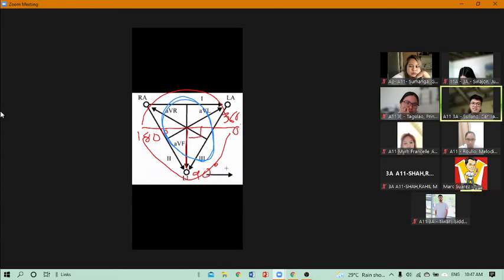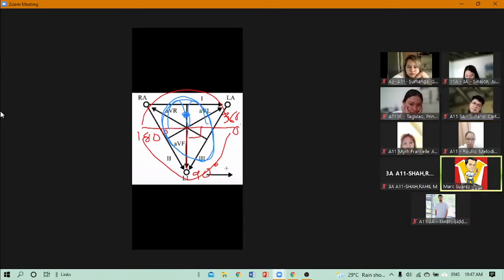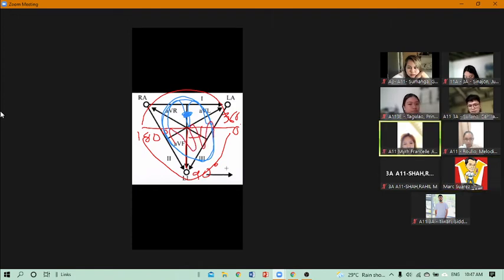Interatrial septum, close proximity to the right atrium, right? So this is the location of the SA node, the one with the blue dot. Do you follow?